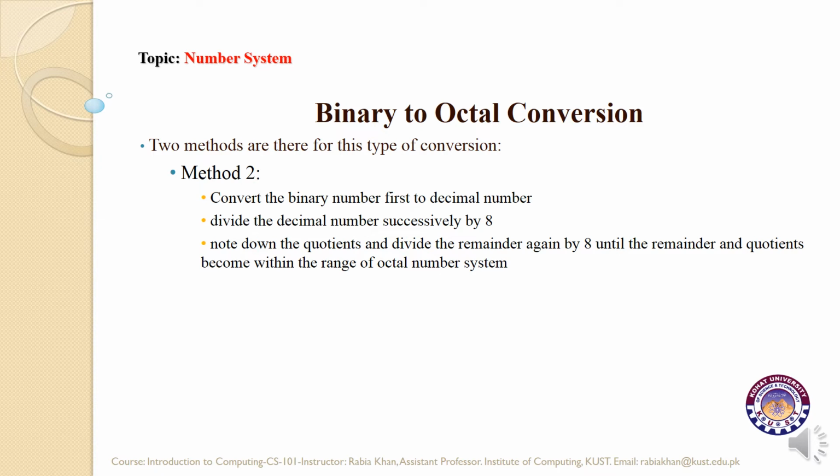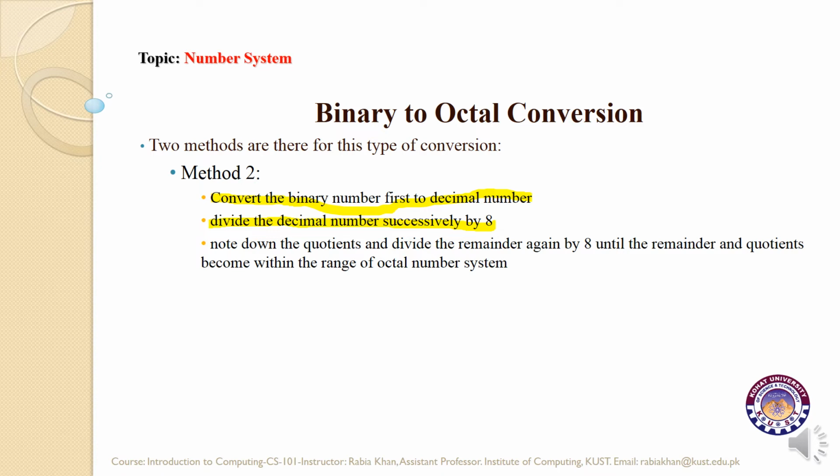The rule says we first convert the binary number into decimal number, and then for decimal to octal conversion the method is to divide the decimal number successively by 8 until we get the quotients and remainders that are both within the range of octal number system.